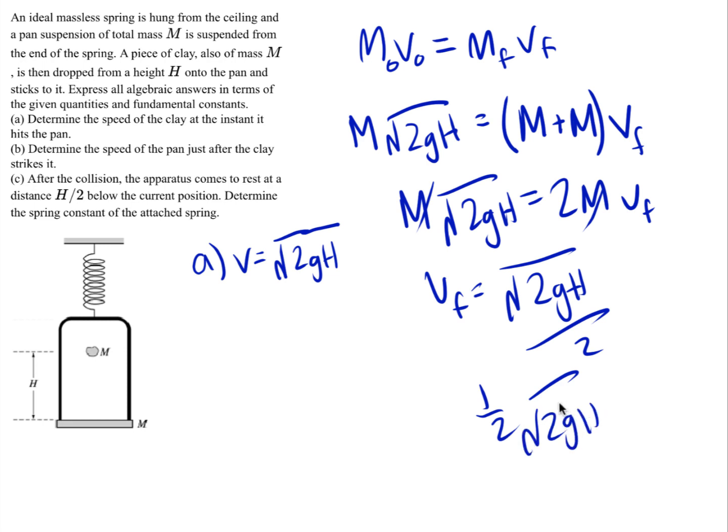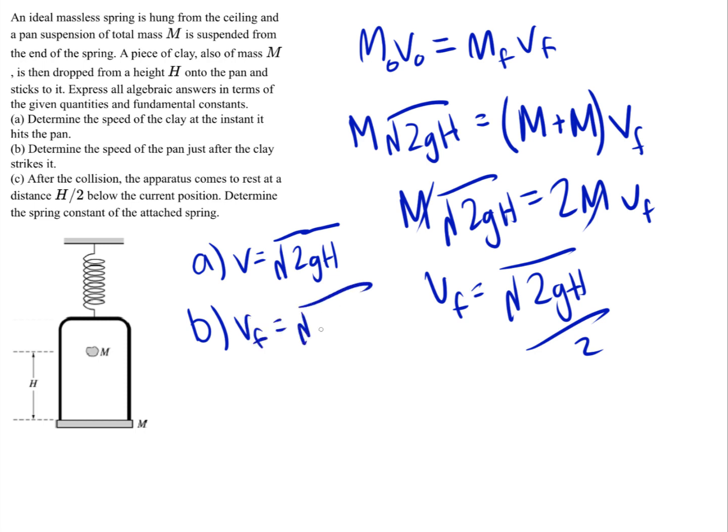Either way works; they both mean the same thing. So that is the answer to part B: the final velocity is the square root of 2gh divided by 2.